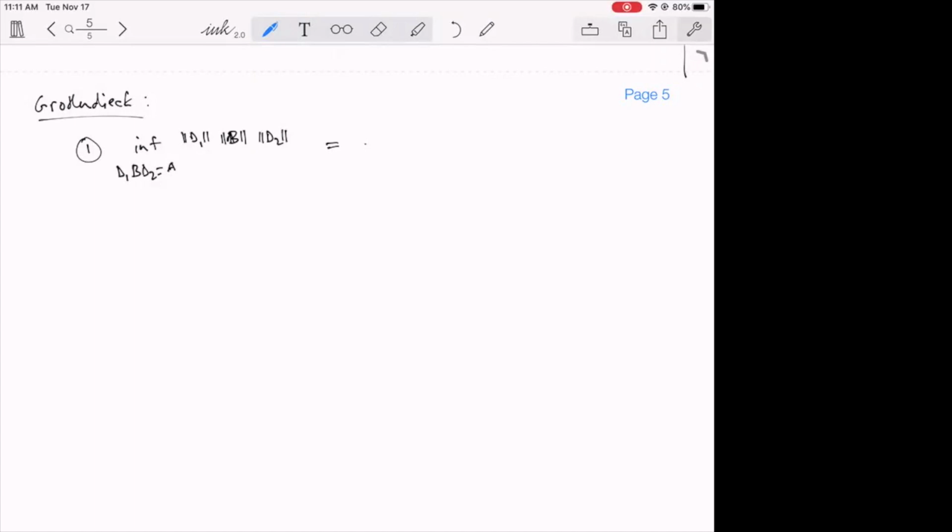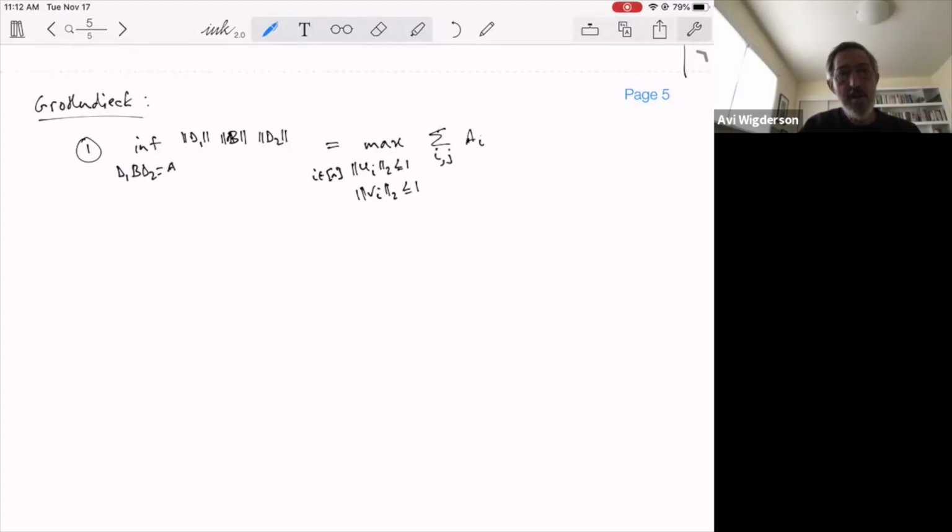Okay, so it's equal to the maximum over unit vectors ui and vi in R^n. So you have a sequence of n unit vectors ui's and vi's, and we look at the summation over i, j of aij times the inner product of ui and vj.